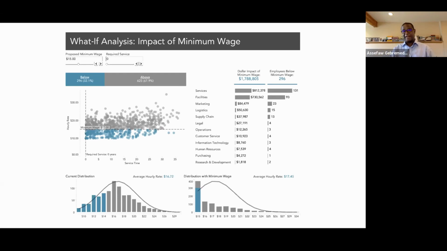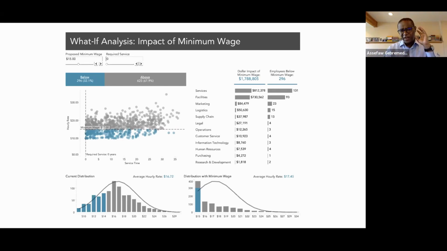So this is designed by Tableau, and the point I'm trying to make here is how color could be used effectively. In this case, this is something about what-if analysis, some scenario analysis, and the thing that is being analyzed here is minimum wage. Whenever there is something below a certain value, you want to emphasize that fact.